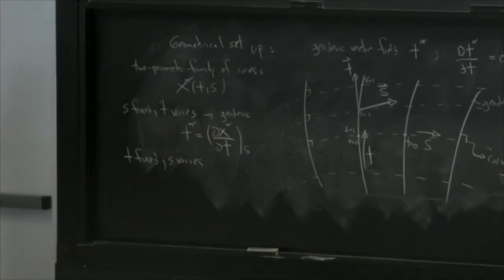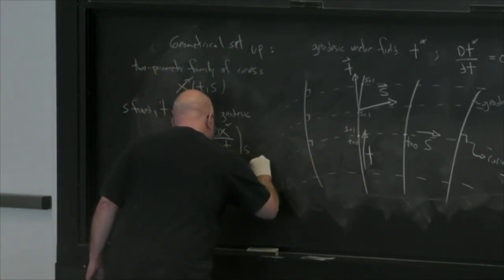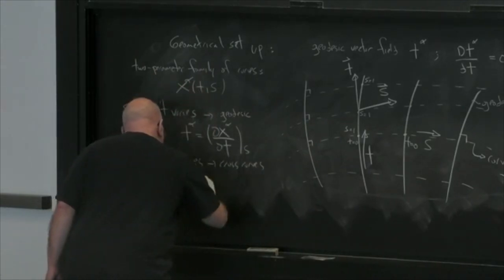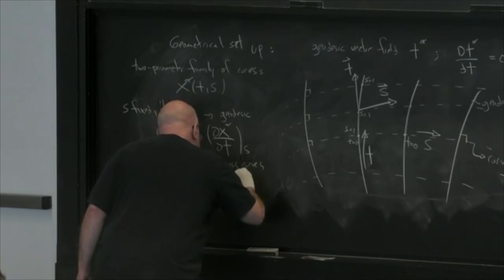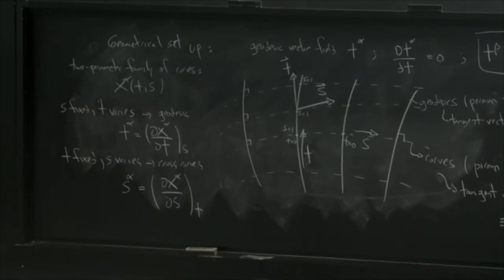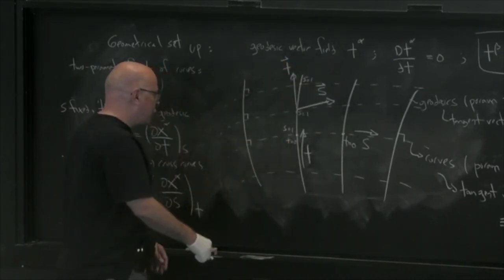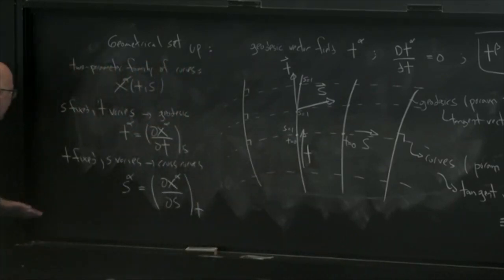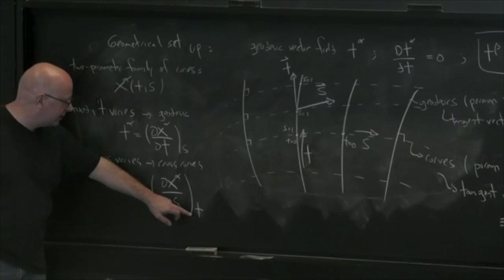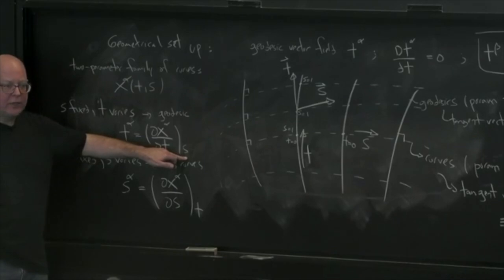So if t is fixed and s varies, then we're going across those cross curves over here. The tangent vector to the cross curves is going to be the partial derivative of those coordinate functions with respect to s, keeping t fixed. So we define those curves, then we set up the parameterization on them. We can always slide it and adjust it to achieve all of those things, so that the cross curves correspond to motion in s, keeping t fixed, and the geodesics themselves correspond to motion in t, keeping s fixed.